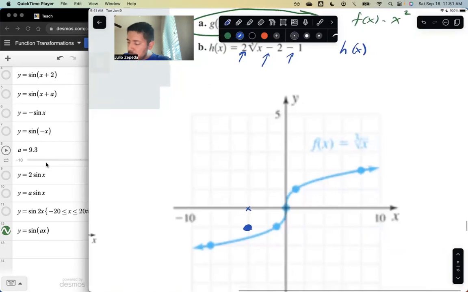Usually I go up 1 and to the right 1. But since that factor of 2 is stretching everything in the y direction by a factor of 2, I'm going to go up 2, twice as far, and still over 1. Normally it would be right here, but I'm stretching by a factor of 2, doubling in the y direction.